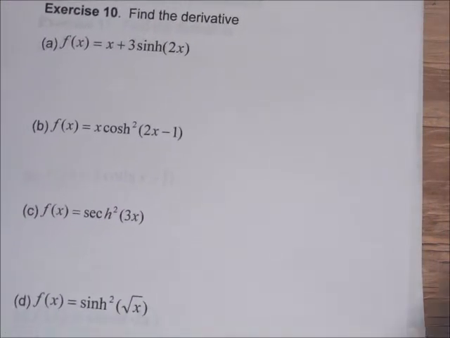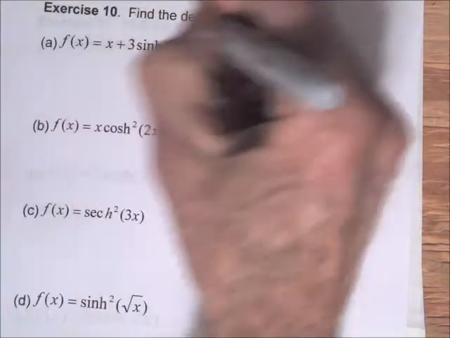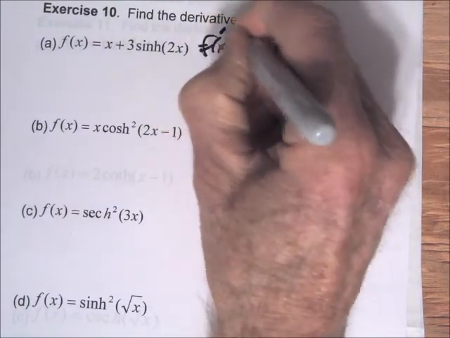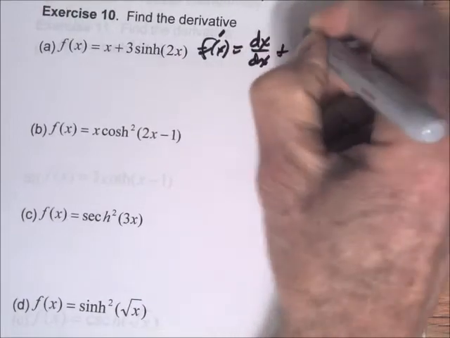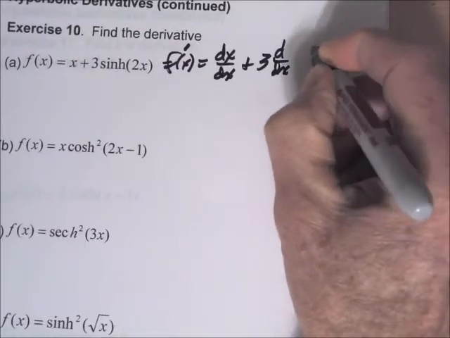Derivative of x plus 3 sinh of 2x. So f prime of x will be derivative of x with respect to x plus 3 times the derivative with respect to x of sinh of 2x.